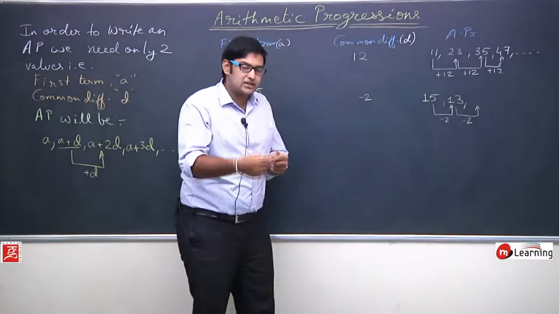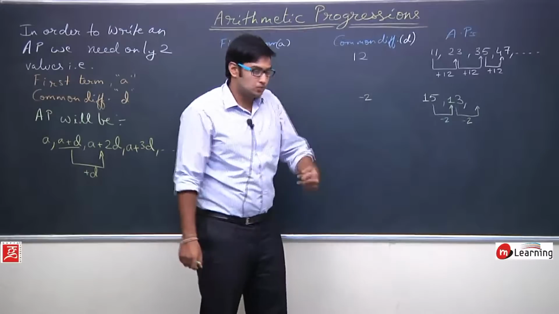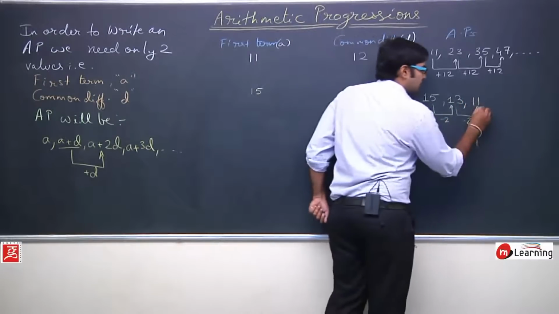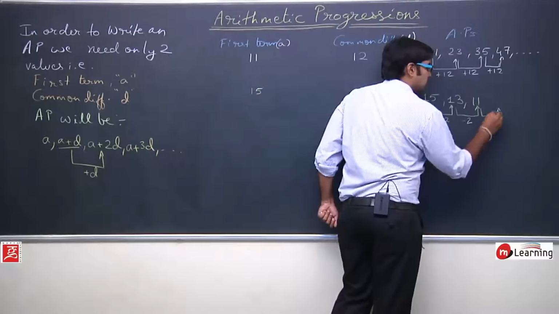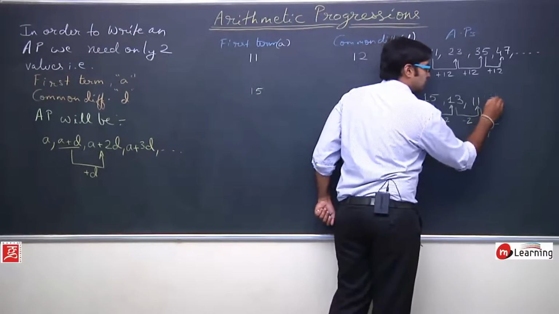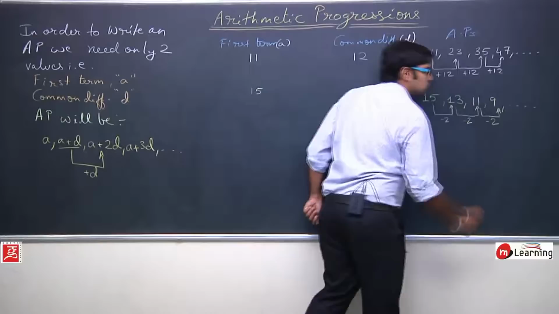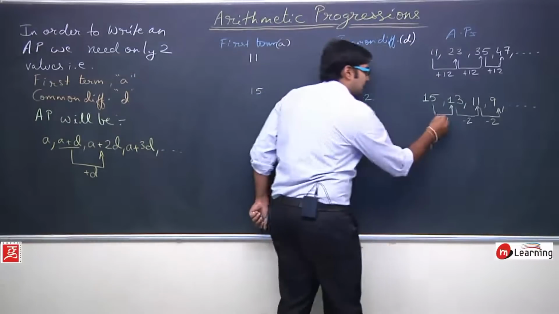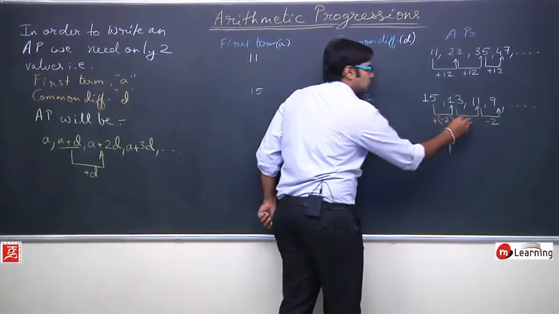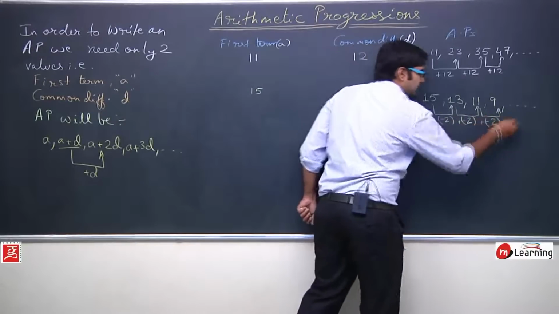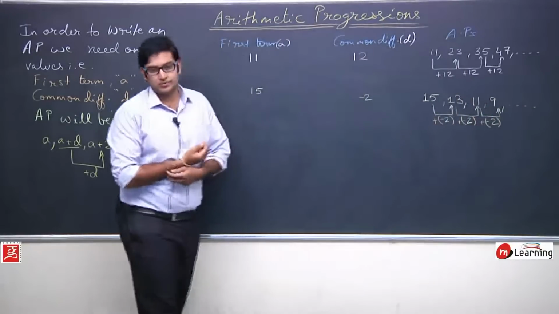Now you are adding minus 2, it means you are subtracting 2. So from 13 you will subtract 2, it will become 11. And if you again subtract 2 or add minus 2, you will get 9 and so on. So what basically you are doing? Here also you are adding minus 2, here also you are adding minus 2, and so on.